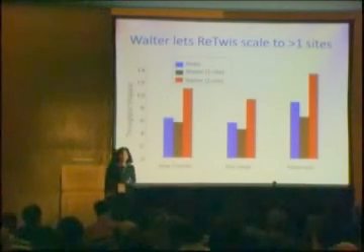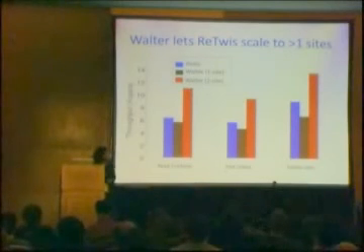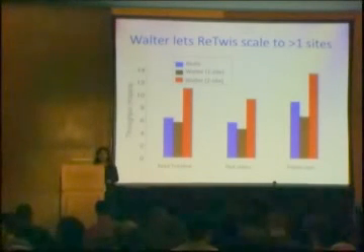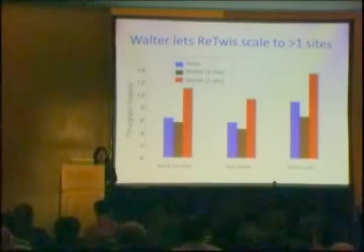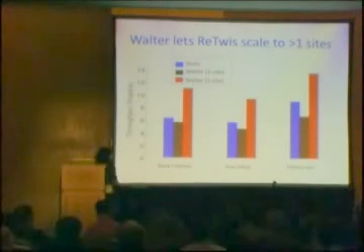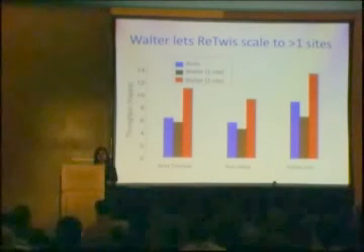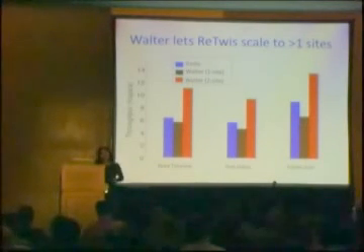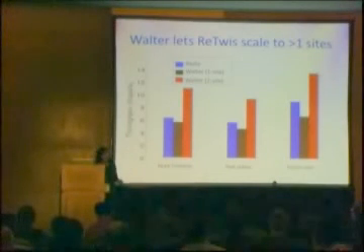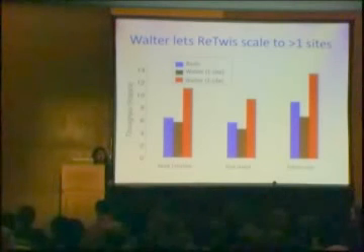For the Twitter application, let's look at its throughput here. Again, for different types of operations that are commonly accessed in Twitter, like reading users' timelines, posting tweets, and following each other. We compare the performance of the Twitter clone running on Walter with the original Redis storage backend. Redis only runs within a single site.